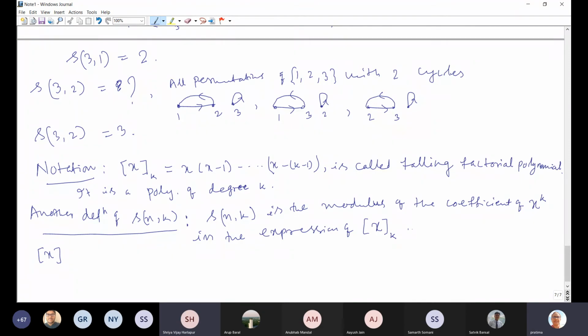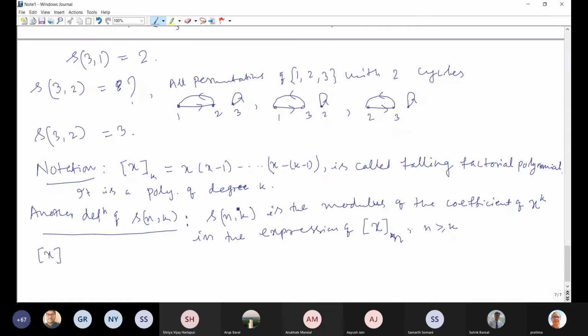Yes, I'm sorry, this will be n, because n is bigger than k. This was a mistake. Very good that you have pointed out this mistake.